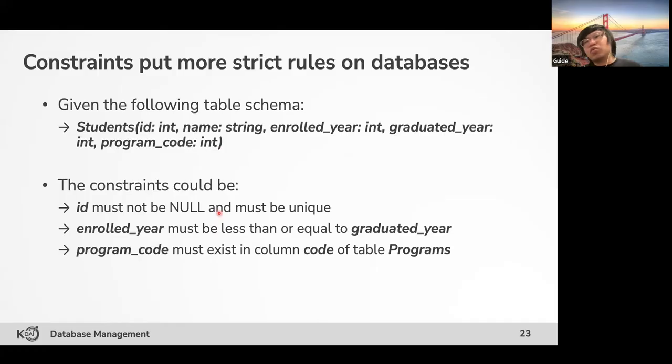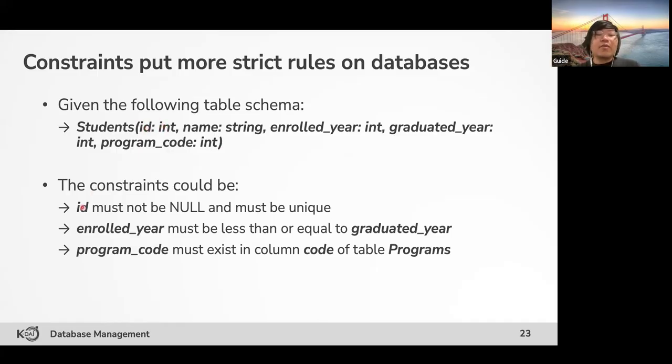Well, now you can dictate the types, and you can dictate how many values should be in each row. But there could be more things that you would like to dictate. For example, in students, for the ID, there should not be any student whose ID is empty.